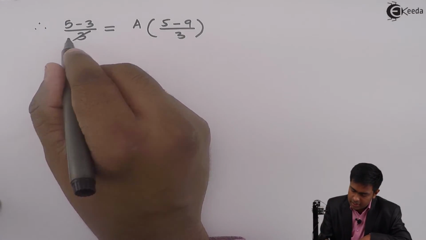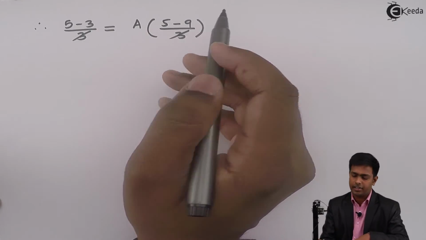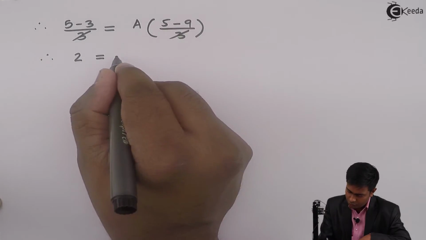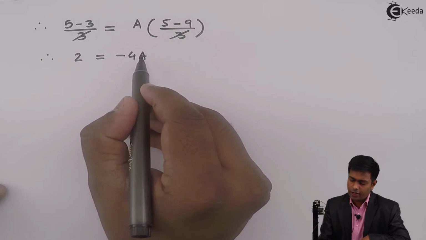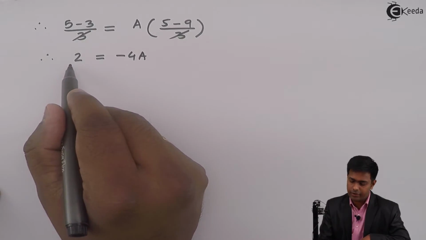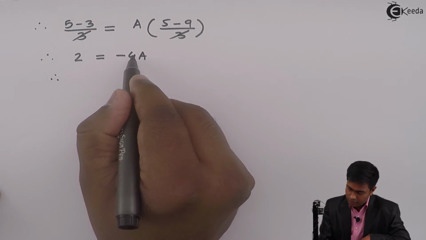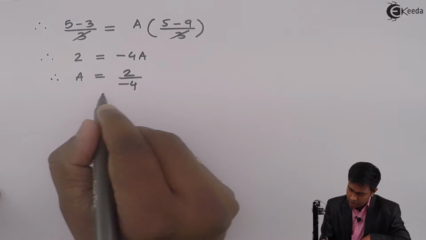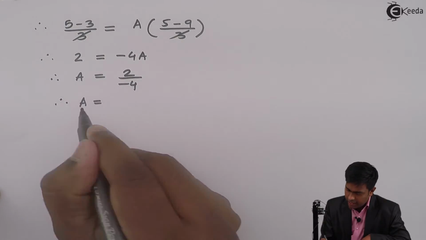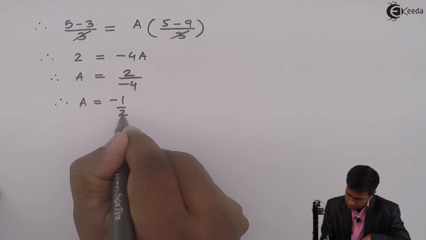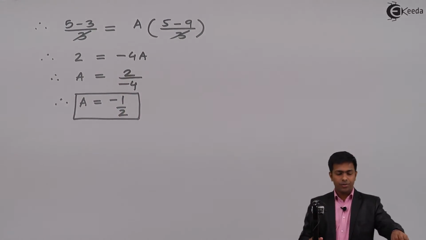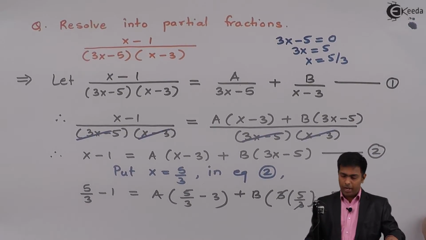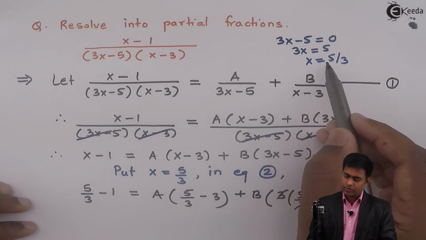Next, we can cancel this 3 from the denominators of the left hand side and right hand side, and therefore we will get 2, that is 5 minus 3, and here we will get minus 4A. To get the value of A, I will send minus 4 to the other side, it will go and divide. So minus 4 goes into the denominator, and we get A as 2 upon minus 4, therefore the value of A is minus 1 upon 2. So we got the value of A as minus 1 by 2 by substituting x as 5 by 3.